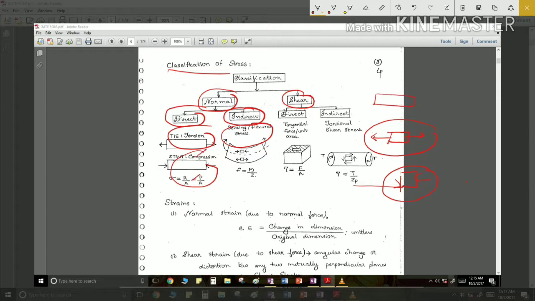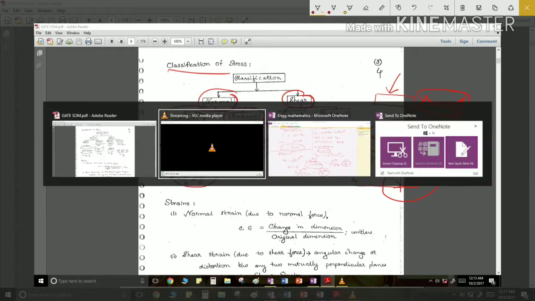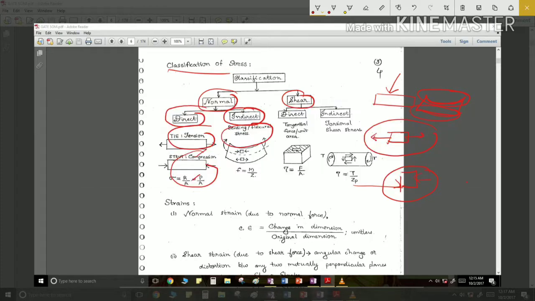These are direct stresses, tension and compression. But if a beam is like this and we apply load here, it will be subject to bending, then the top layer will be under compression and the bottom layer will be under tension. I'll show you how this happens.